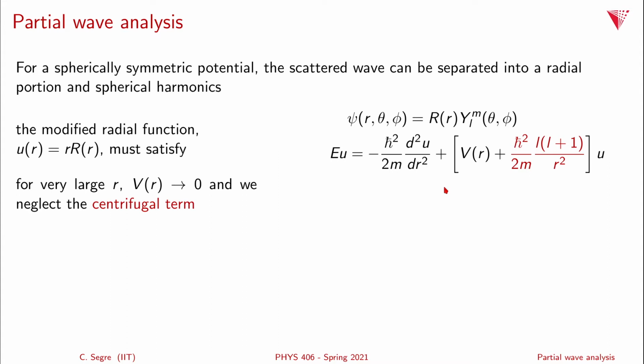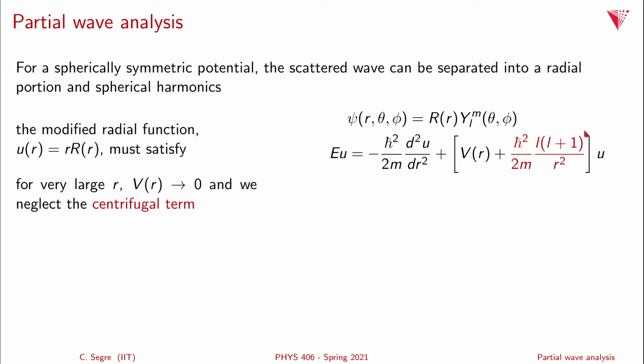For very large values of r, we can assume that the potential, since it's a central potential, goes to 0. And so we can ignore this potential, and we can also ignore the centrifugal term because it goes like 1 over r squared.